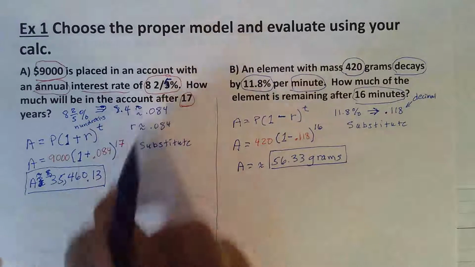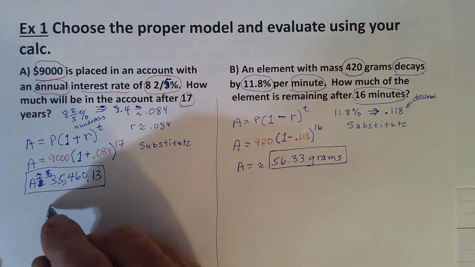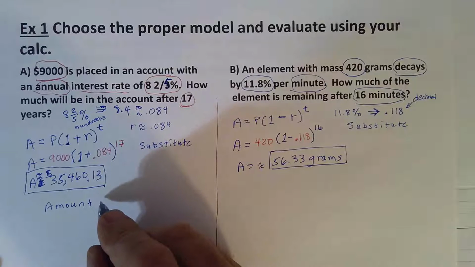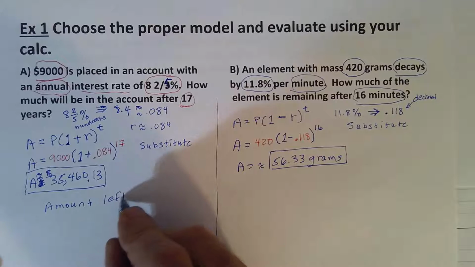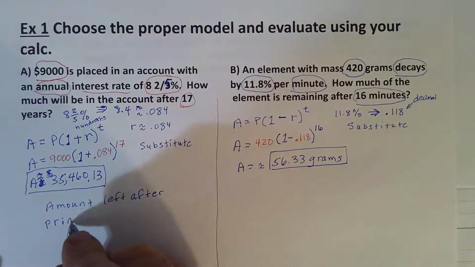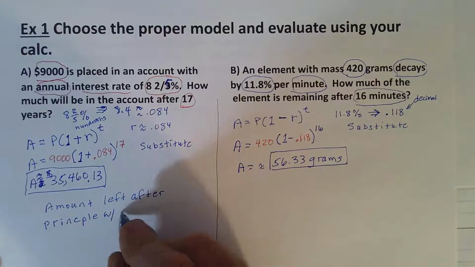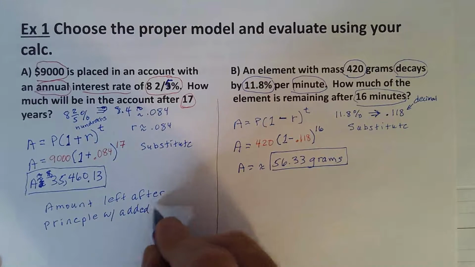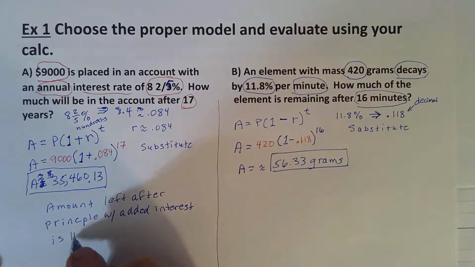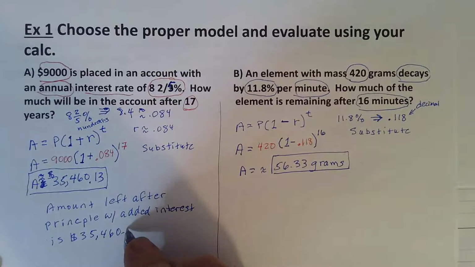So for instance with A, they could say that the amount left after principal and interest with added interest, something like that, is $35,460.13.